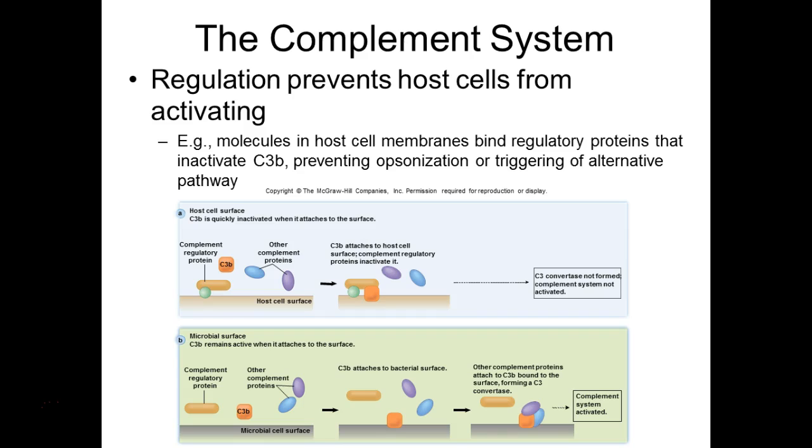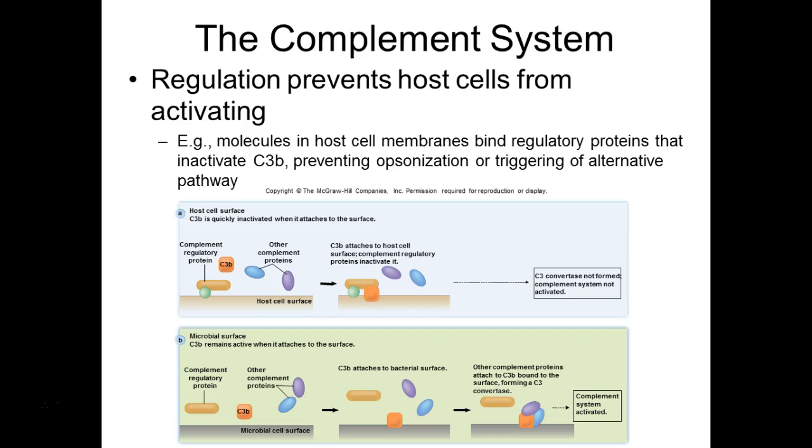So why doesn't this happen to our cells? Why doesn't C3b bind to our cells, and why don't we activate complement? Well, obviously we wouldn't want to do that. We don't want inflammation in response to our own cells. We don't want opsonization, tagging for destruction of our own cells. We don't want to lyse our own membranes with the MAC complex. So there are molecules in our host cell membranes called binding regulatory proteins.